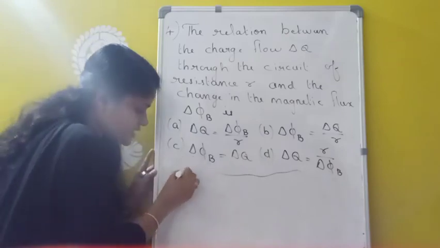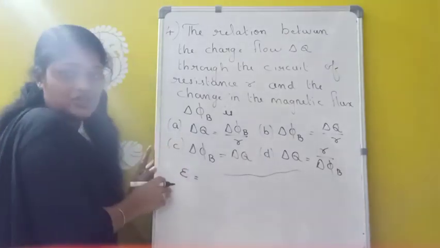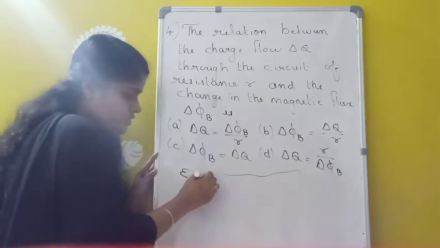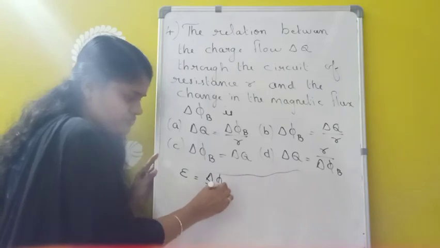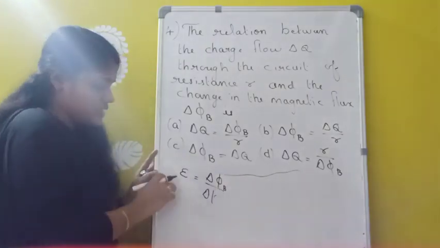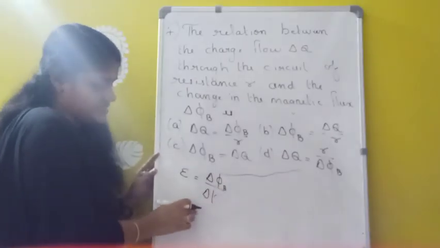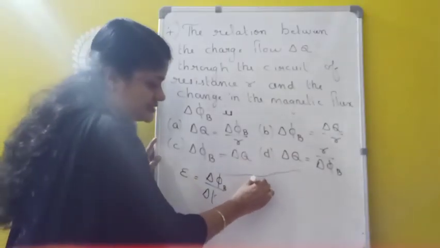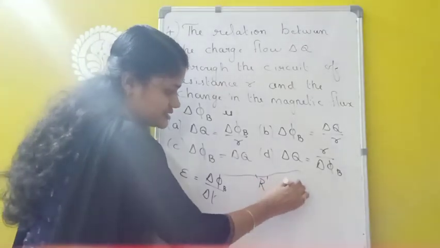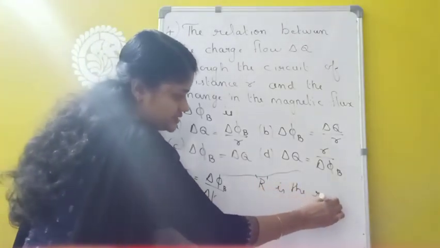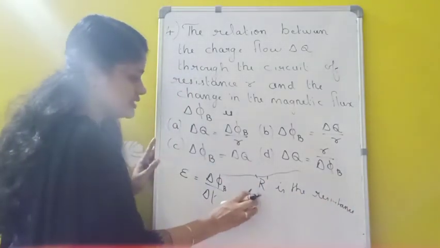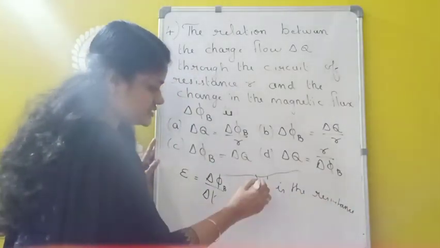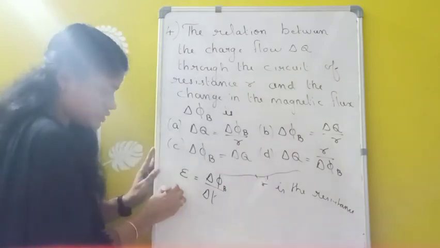Here also, whenever there is a change in magnetic flux, an EMF will be induced. I am taking the induced EMF as epsilon. Epsilon equals delta phi B by delta t, where phi B is the magnetic flux. Suppose small r is the resistance of the circuit. Then how will you write the current through the circuit?